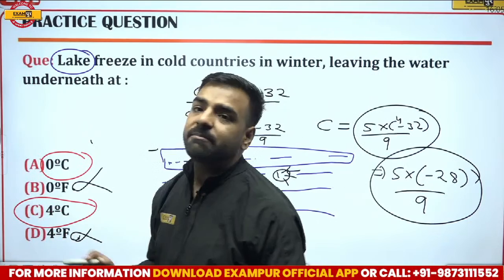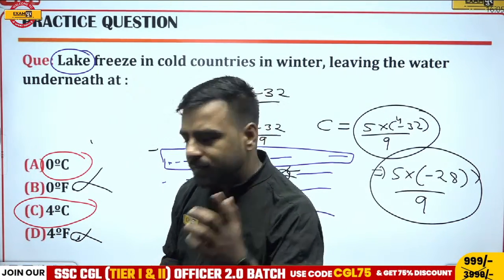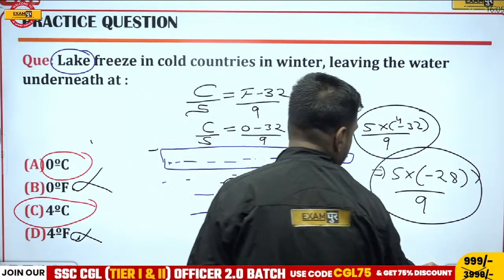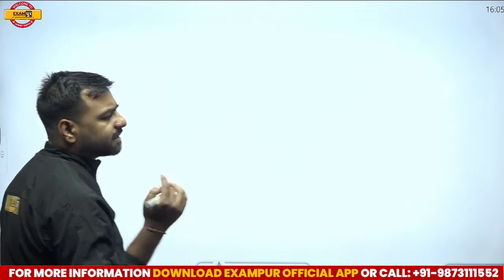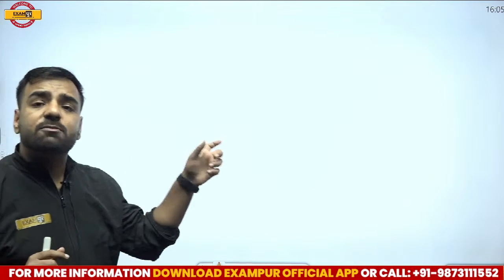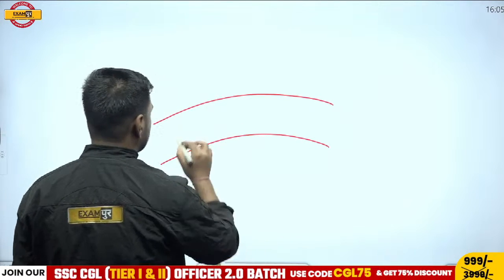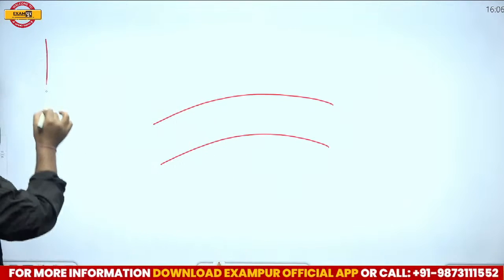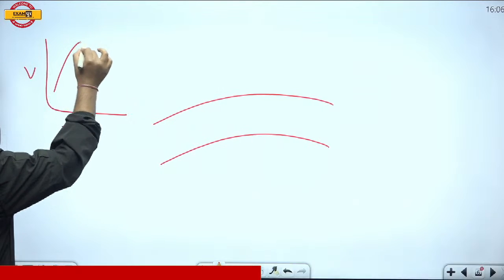Now this was by the mathematical calculation, but what's the logic behind it? The logic behind it is the anomalous expansion of water. If I talk about a cold country, we have a graph, this is volume, this is temperature, and we have a graph in this manner.